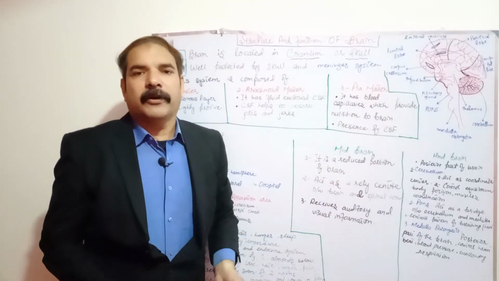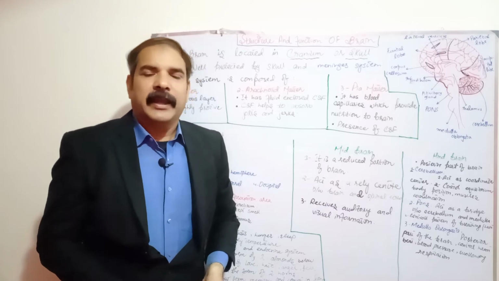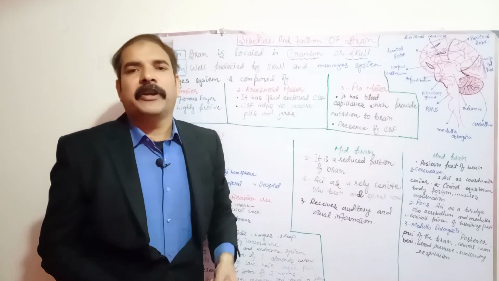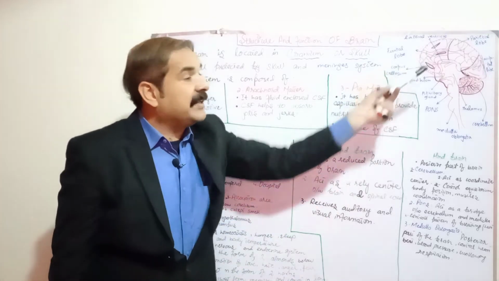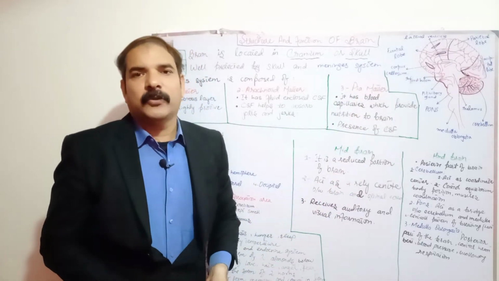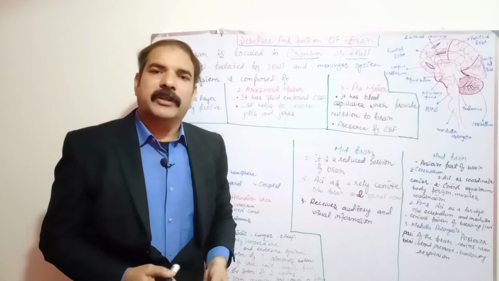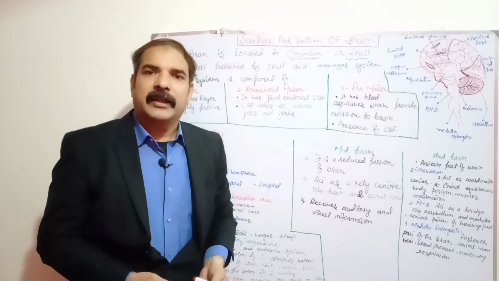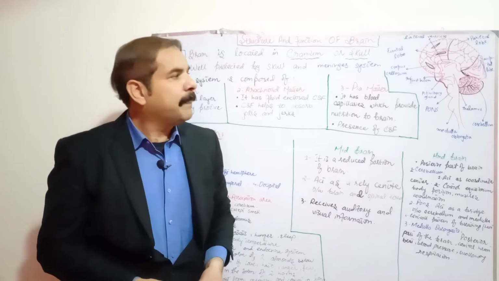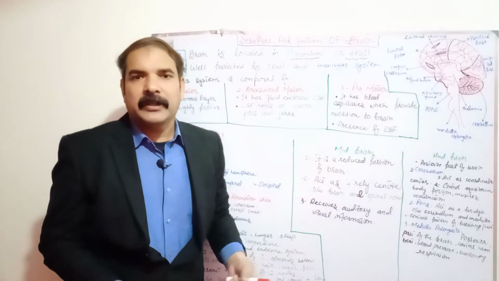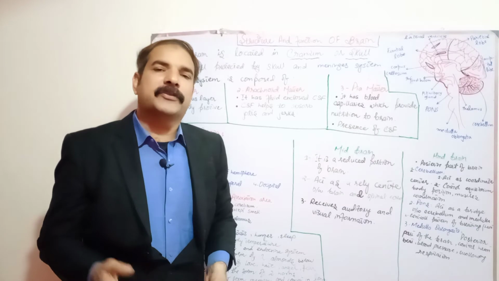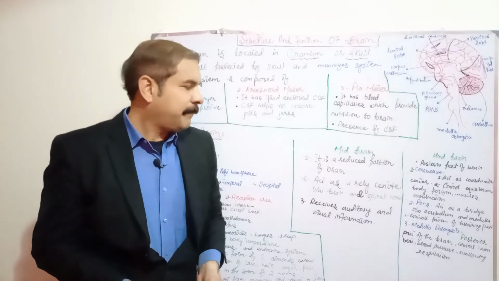The frontal lobe is cognitive in function, and beside it, it controls the voluntary movement of the body. The second one is the parietal lobe, which is concerned with touch, taste, and the temperature of the body. The occipital lobe is concerned with vision, and the temporal lobe is concerned with hearing power.